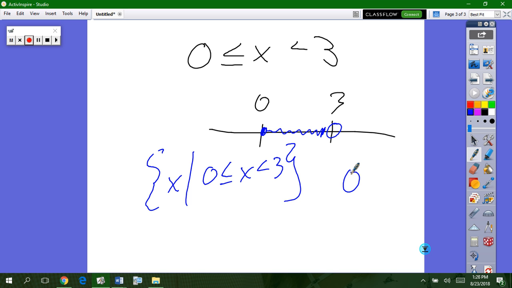Perfect. I can't go any further than 0, right? Now, is that a bracket or a parenthesis? Bracket because it is included. How far to the right do I get to go? 3, and that's going to be a parenthesis.